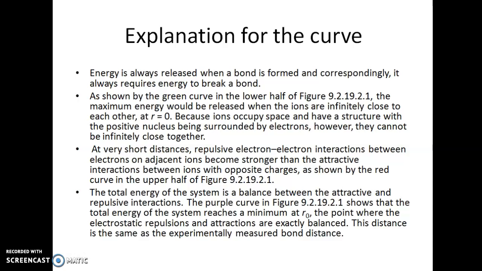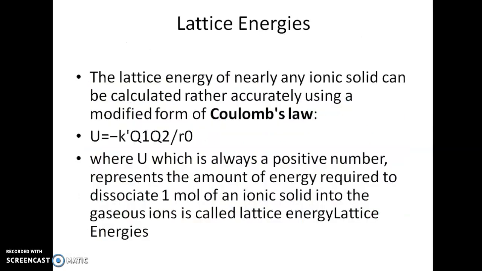bond distance. So the lattice energy of nearly any ionic solid can be calculated rather accurately using the modified form of Coulomb's law, that is U is equal to -k Q1 Q2 divided by r0, where U, which is always a positive number, represents the amount of energy required to dissociate 1 mole of ionic solid into gaseous ions, which is called the lattice energy.